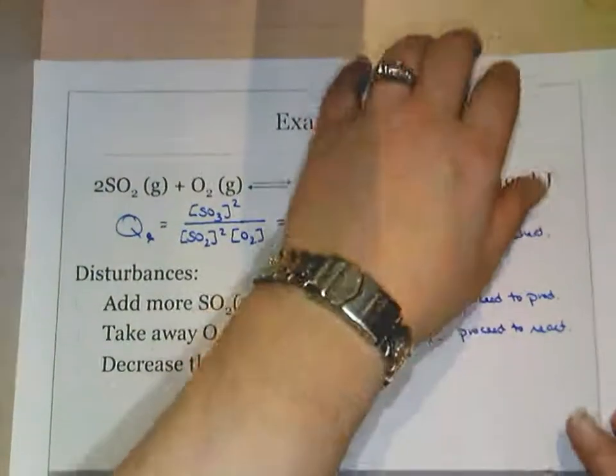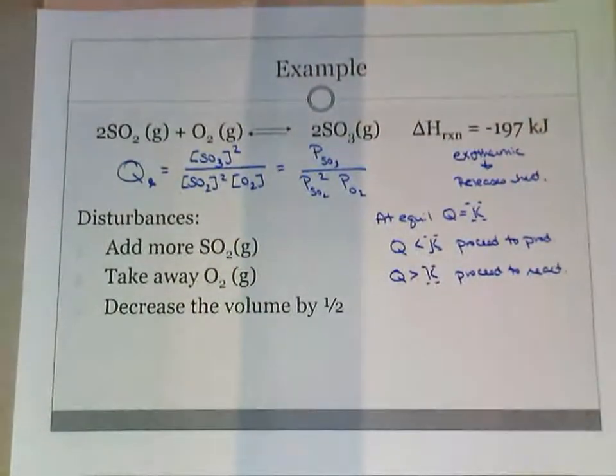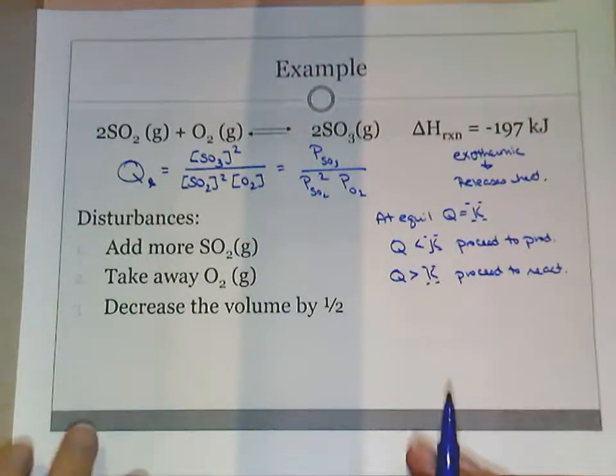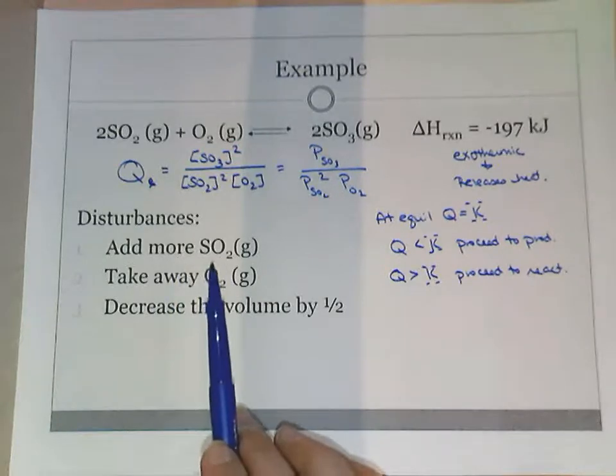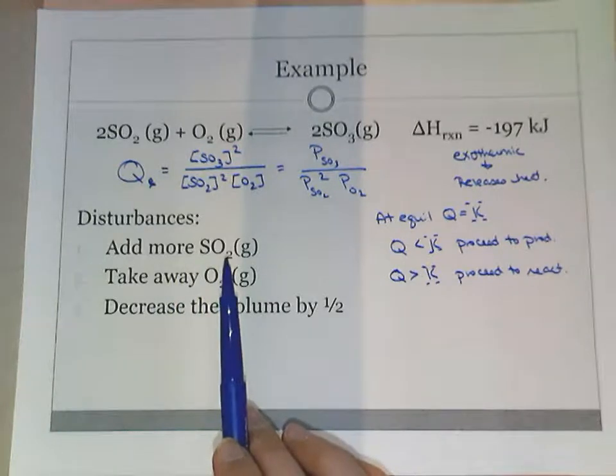All right, so let's look at some things that could happen to our system and what will happen to the reaction. So let's say I add more sulfur dioxide. I now add more of the denominator.